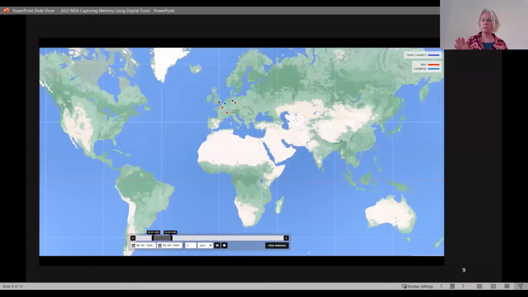The red one represents Marx, and the blue one is Lissagaray, and the timeline brings us from the 1870s right into the present. As you'll see, in the first phase, Marx and Lissagaray are almost equally important. They're spread very much around Europe and into the Americas and over to Asia.